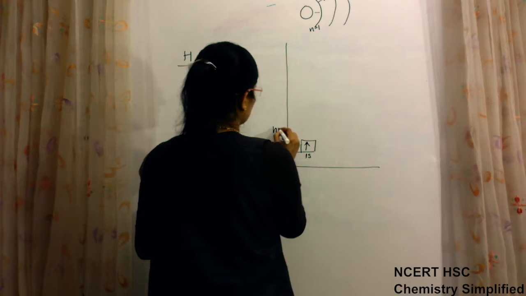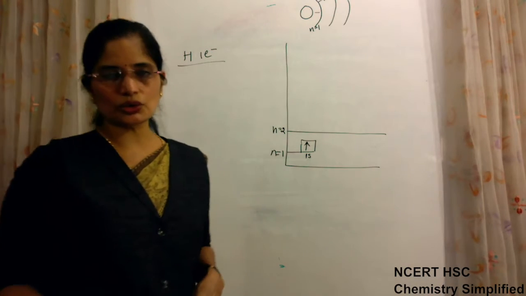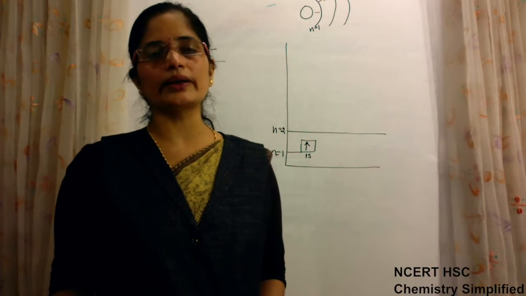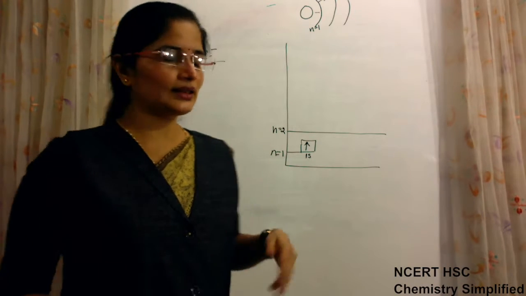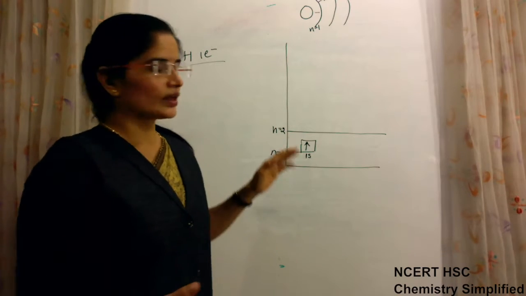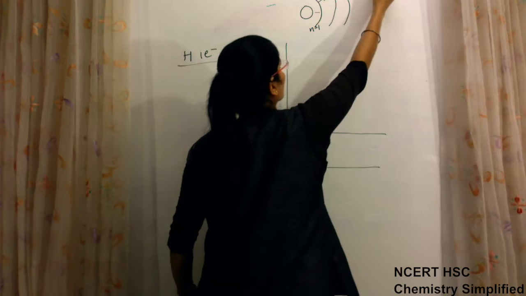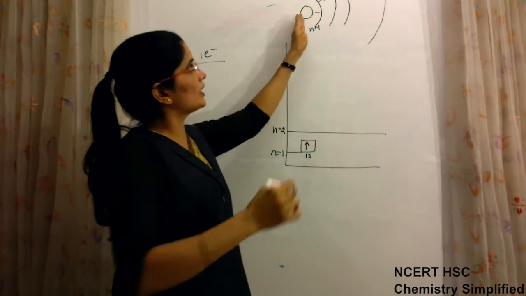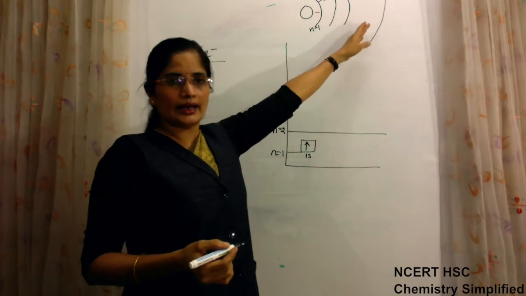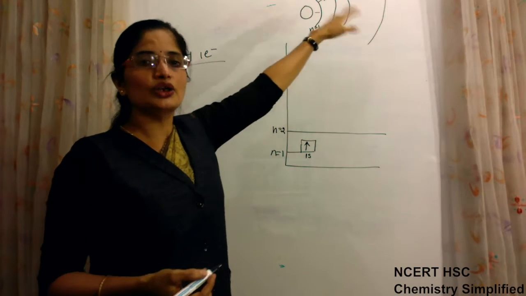After this, n equals 2 is also present in hydrogen. Why is it present? Because the shells which we make are actually not physically present. We have already discussed that the shells are a representation of the attraction force which an electron can feel due to the proton present in the nucleus.